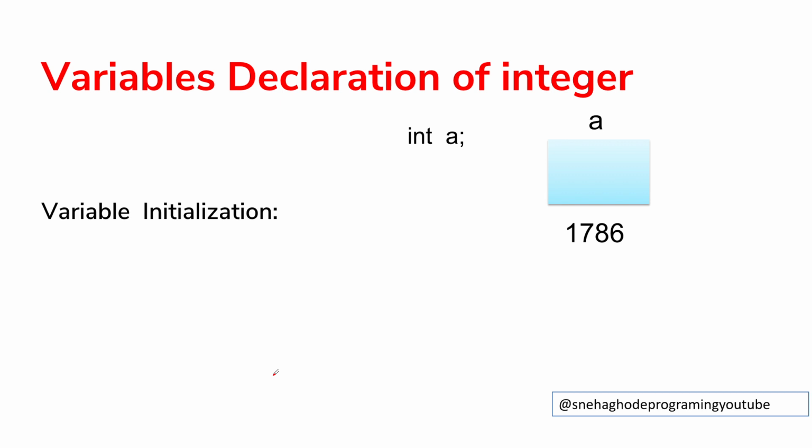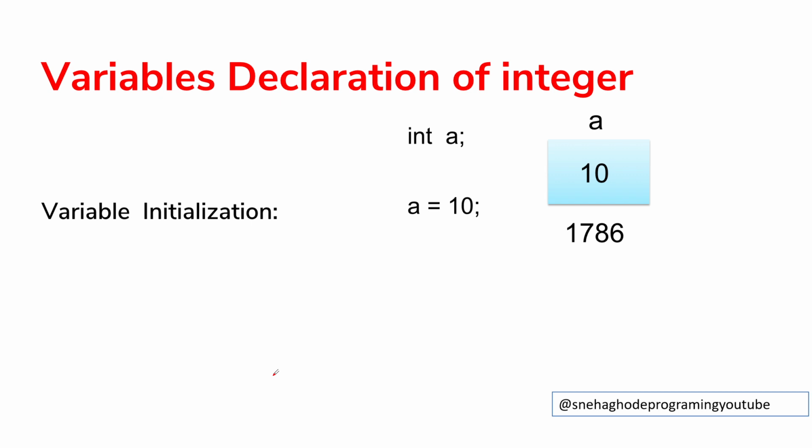Now we initialize it: a equal to 10 means 10 is going to be stored in this variable's memory location. This is the difference between declaration and initialization.